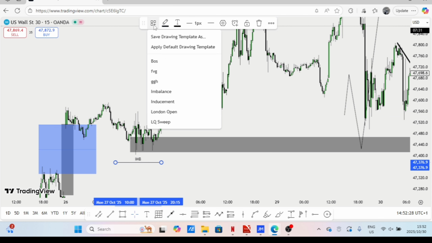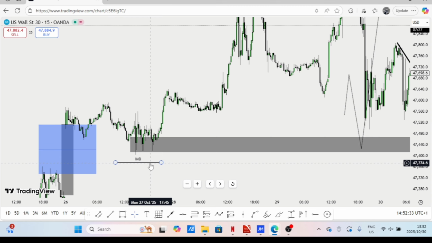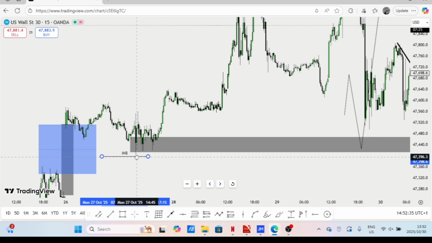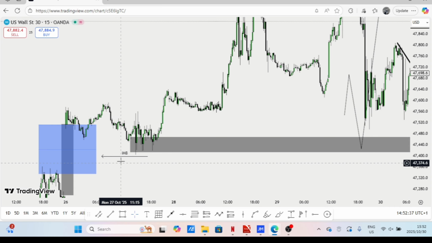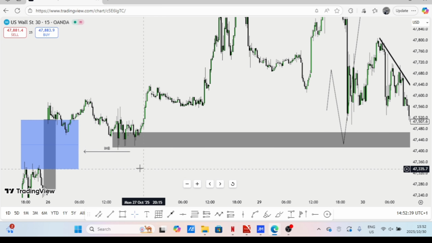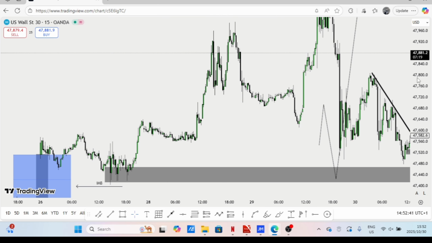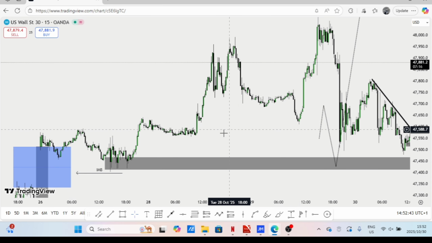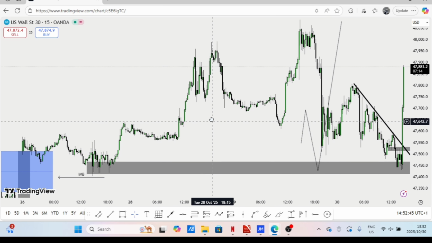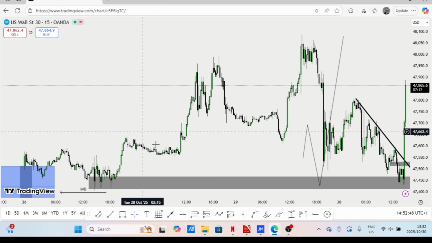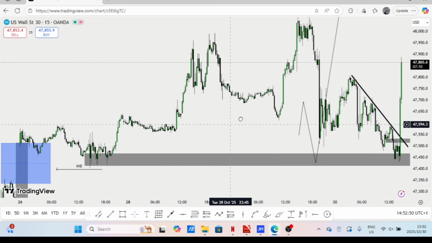We mitigated the fair value gap, or the imbalance as you like to call it, and then since the beginning of the week, since Monday, the market has been on an uptrend. How do I know that it's an uptrend on a messy market like this?